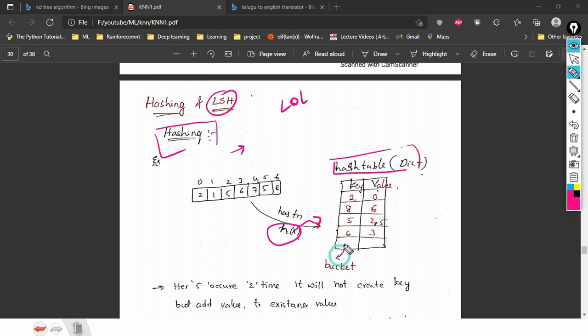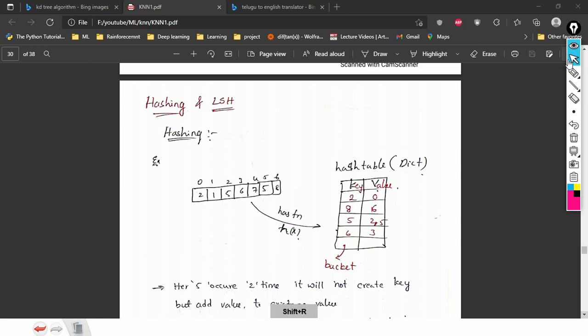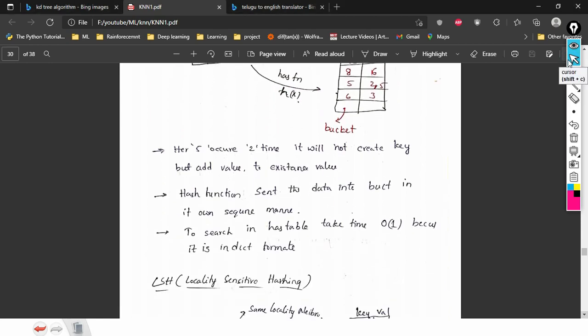By sending the value to the hash function, we will get the key, and according to the key, we will store the values in a bucket. That is the basic thing.